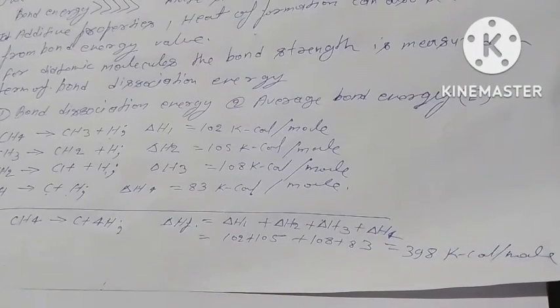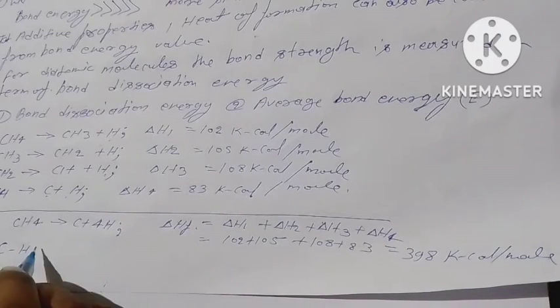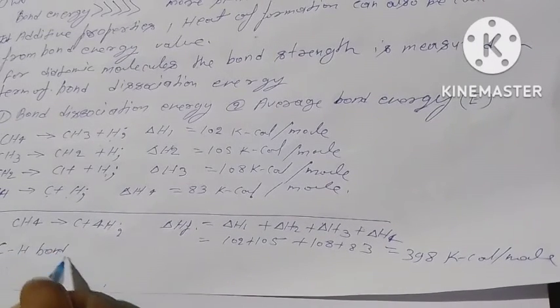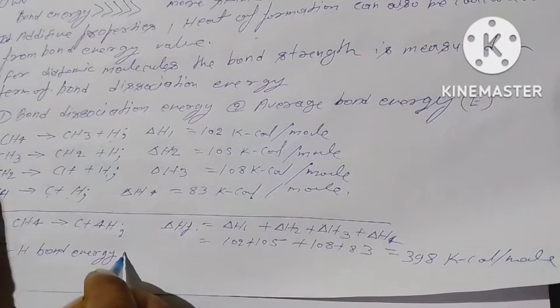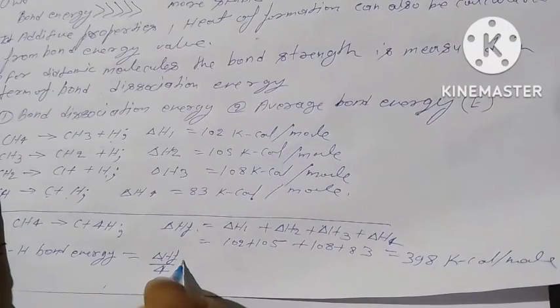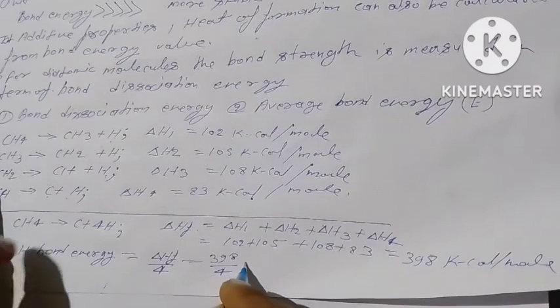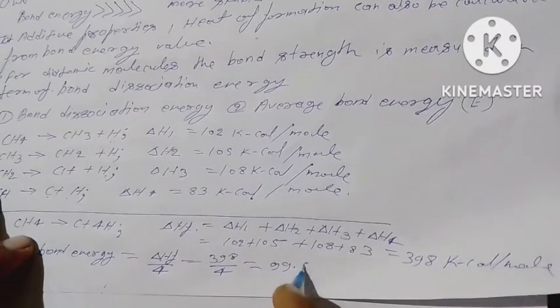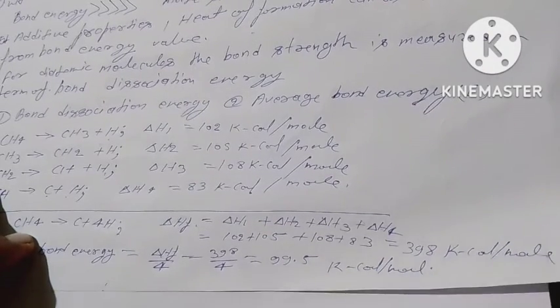Carbon hydrogen bond energy is delta HF by 4, that is 398 by 4, and that is 99.5 kilocalorie per mole.